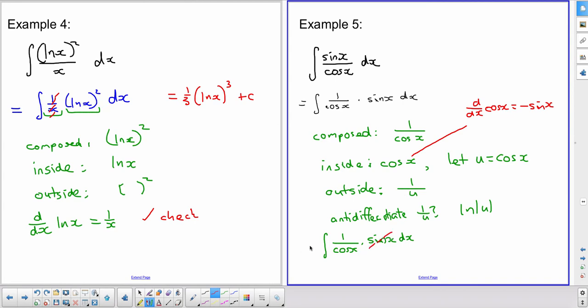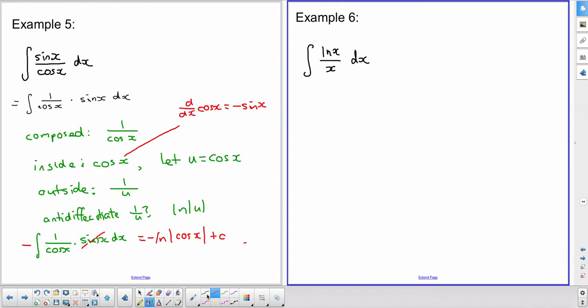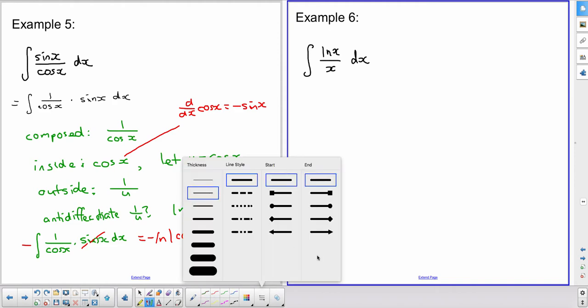We need to multiply by a negative to cater for that negative, so our answer is going to work out. And I need to anti-differentiate 1 over cos x, which is ln absolute value cos x, and the negative is there. Last example is very similar.